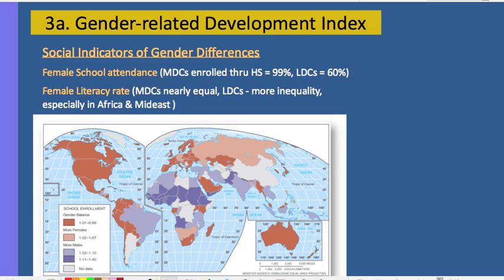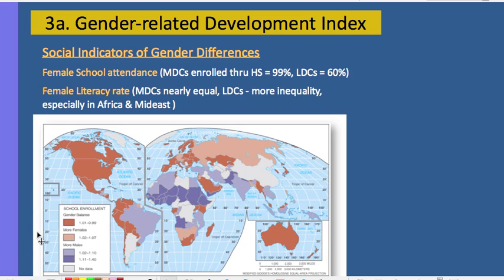Looking at the social indicators, this would be the quantity of school, the number of years males and females go to school, and this map looks in particular at school attendance, and then also the literacy rate. In MDCs, female and male literacy rates are usually nearly equal. LDC literacy rates are going to be more unequal, especially in areas like Africa, Middle East, and into South Asia.